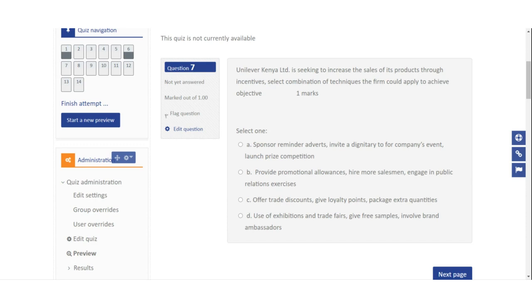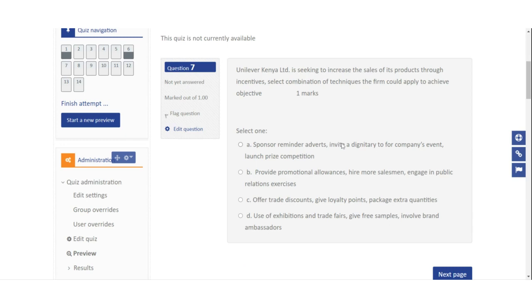Let's review what I've just said. Sponsoring reminder adverts targets customers who buy items on a daily basis, like repeated adverts on TV. So this one focuses on customers.